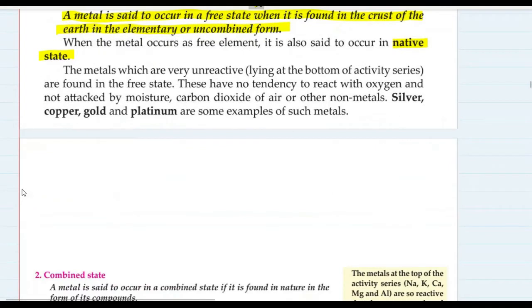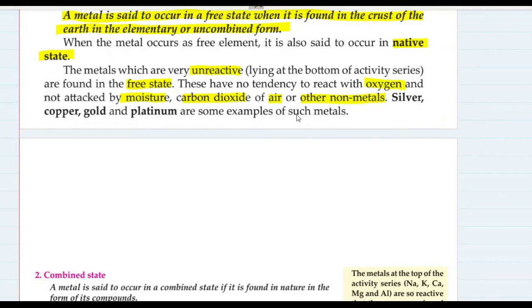native state. The metals which are very unreactive, lying at the bottom of the activity series, are found in the free state. Mostly they are very expensive because they are very unreactive. They have no tendency to react with oxygen, and are not attacked by moisture, carbon dioxide of air or any other non-metals.